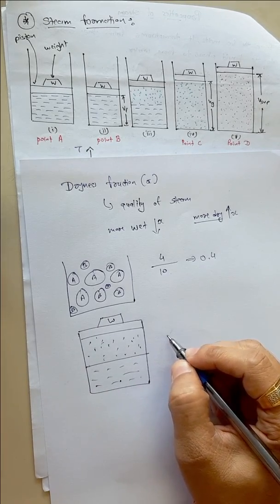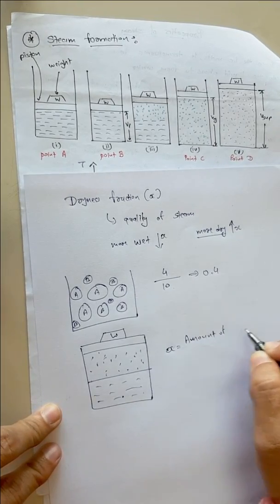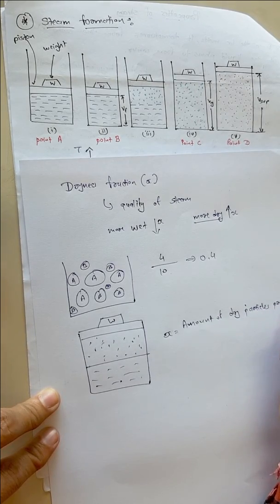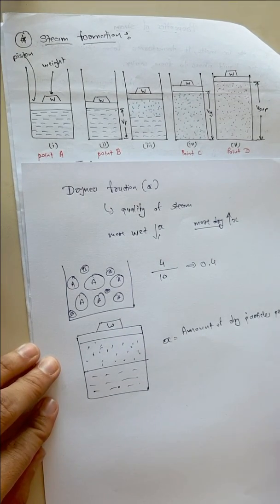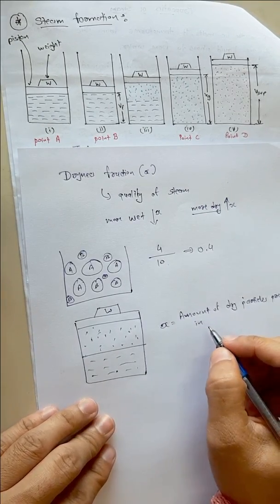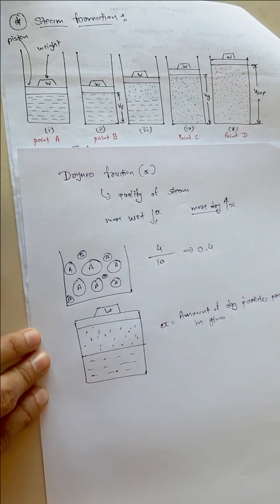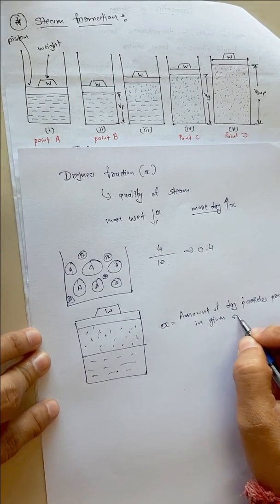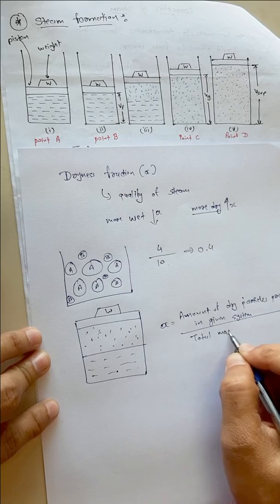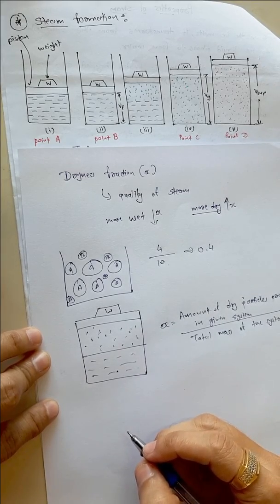As I said, dryness fraction is the amount of dry particles present in the given system divided by the total mass of the system.